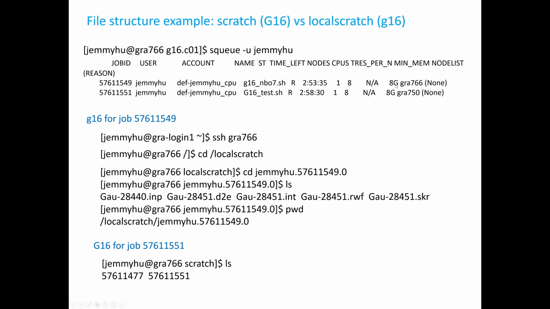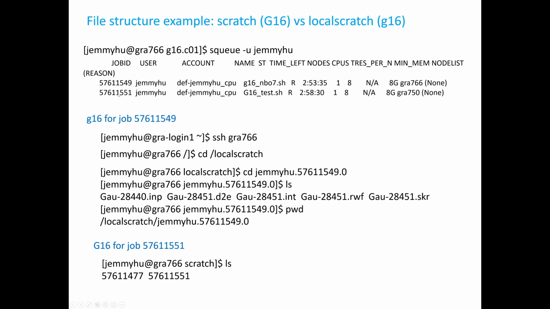This one is run on the node Graham 766. I can go to 766 and go to the local scratch. You can find the job ID, and all of the Gaussian runtime files there. When the job is finished, all those files will be gone.